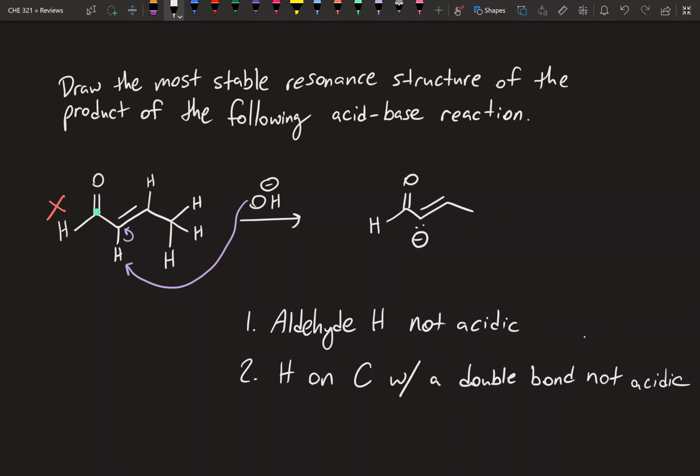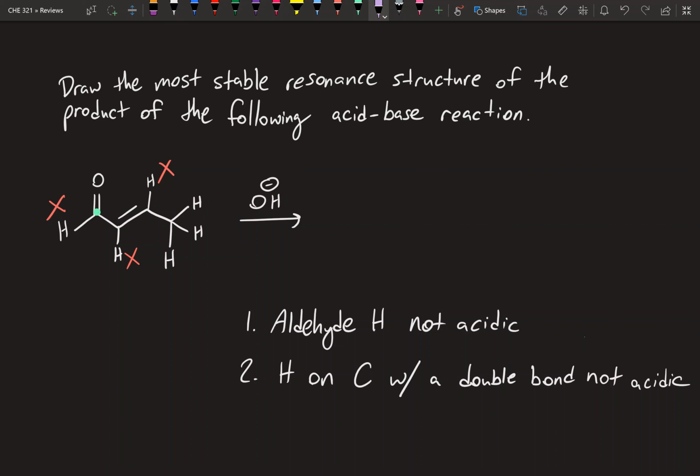Okay, and so we can cross that one off our list. That one isn't going to work either. And we can skip a step, because this hydrogen right over here is also just right off of a double bond, a carbon with a double bond, so we can eliminate that one as well.